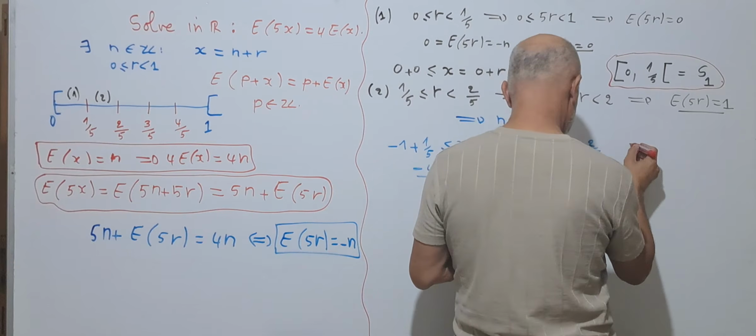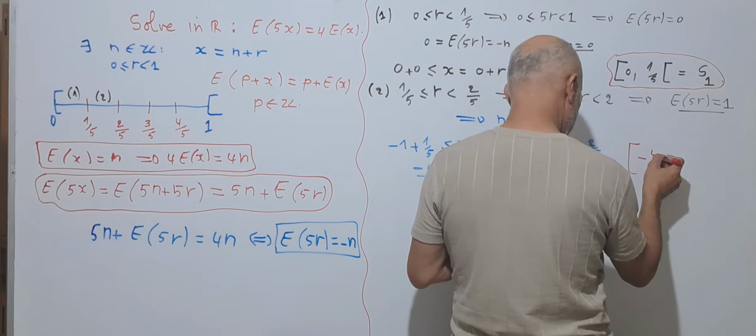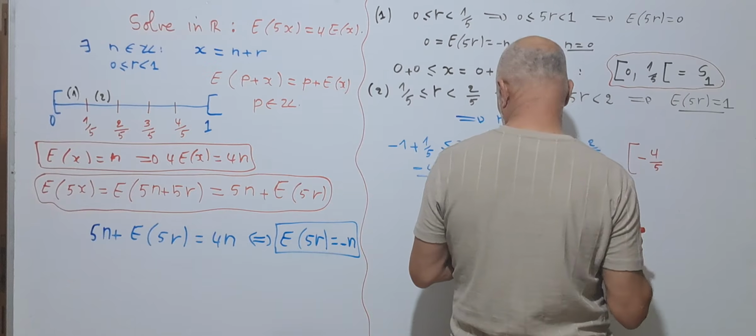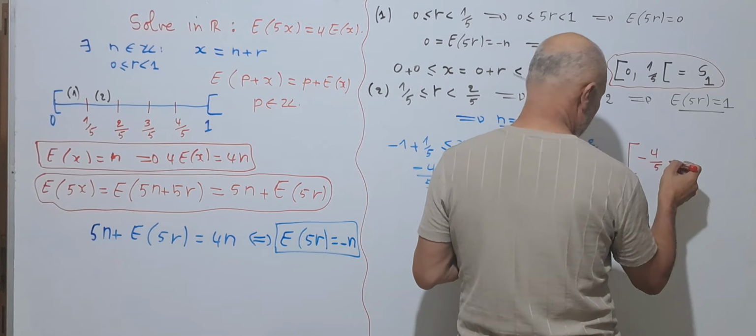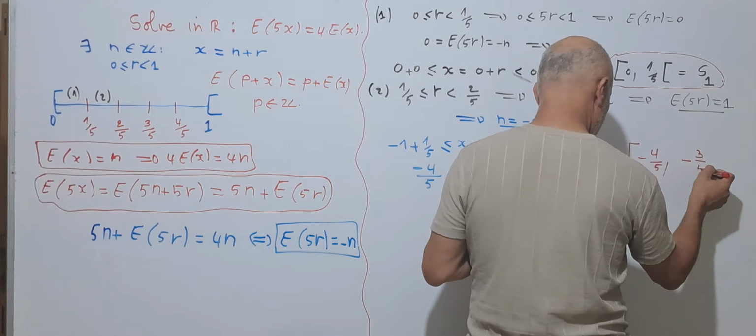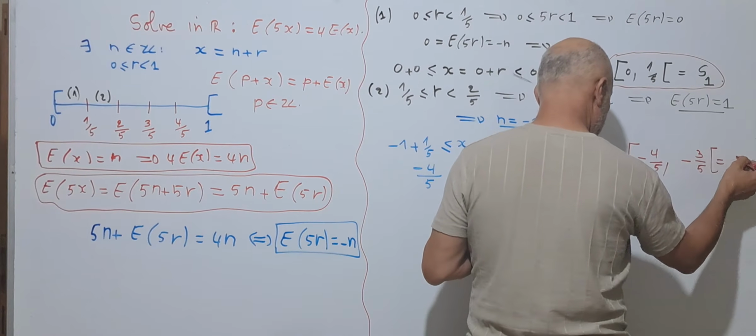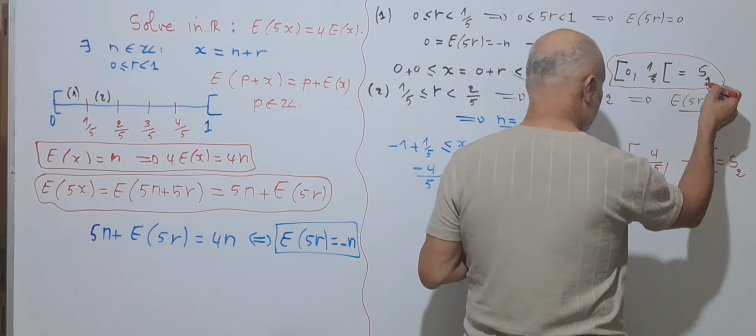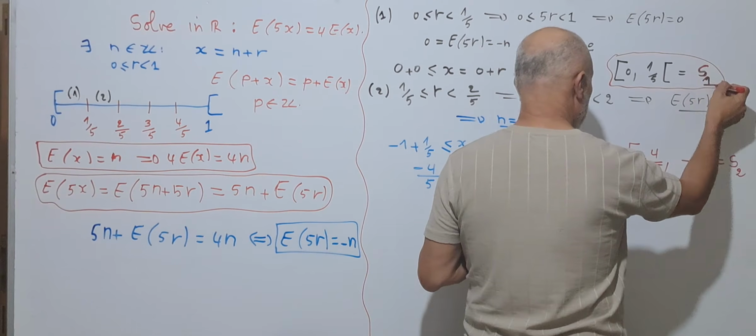The interval is minus 4 over 5 and minus 3 over 5. This is S2, and this is S1.